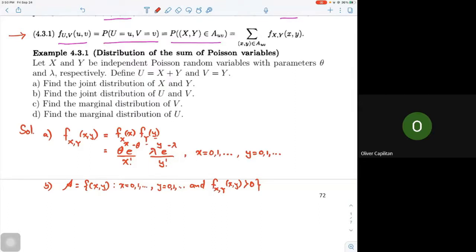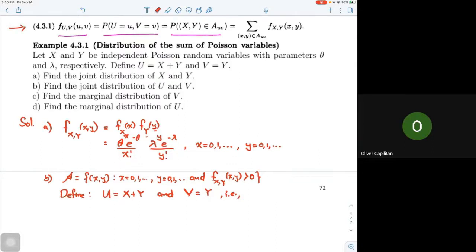And then we define our function g sub 1 of X, Y, which is actually equal to capital U. So it's a function of X and Y: the sum X plus Y. And then g sub 2 of X, Y, V will just be equal to the random variable Y. We can have this in terms of their realized values.